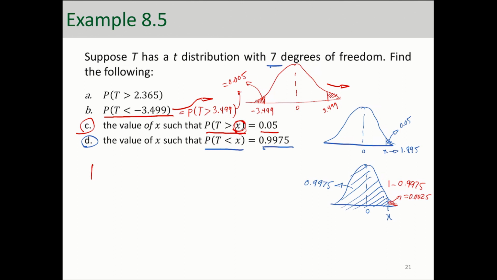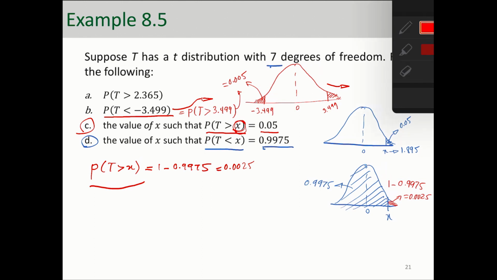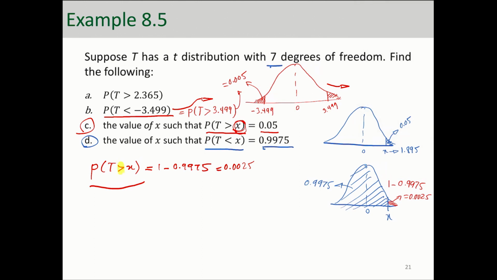So we can say that probability of t greater than x is equal to 1 minus 0.9975, and that is 0.0025. We do this because in the t table what we have is probability of t greater than any value.